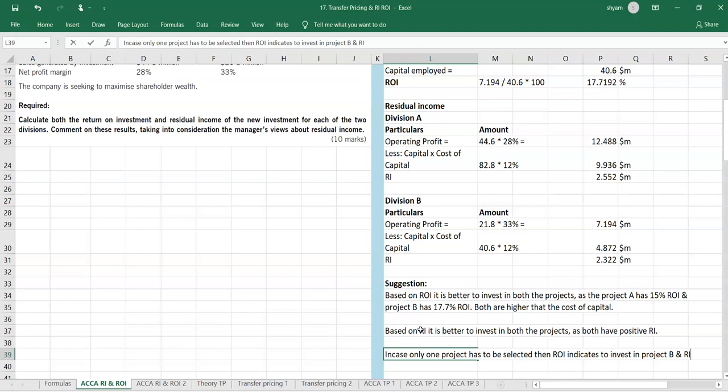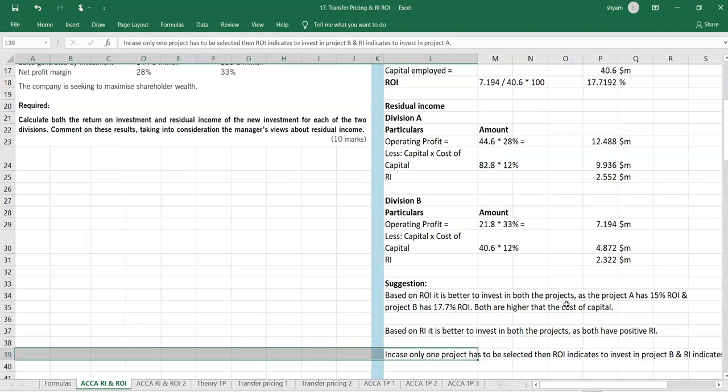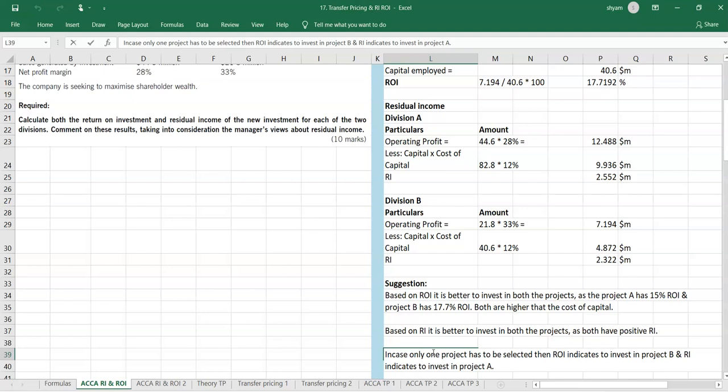And RI indicates to invest in project A. So that is a conflict here. Each method will tell a different concept of investing.